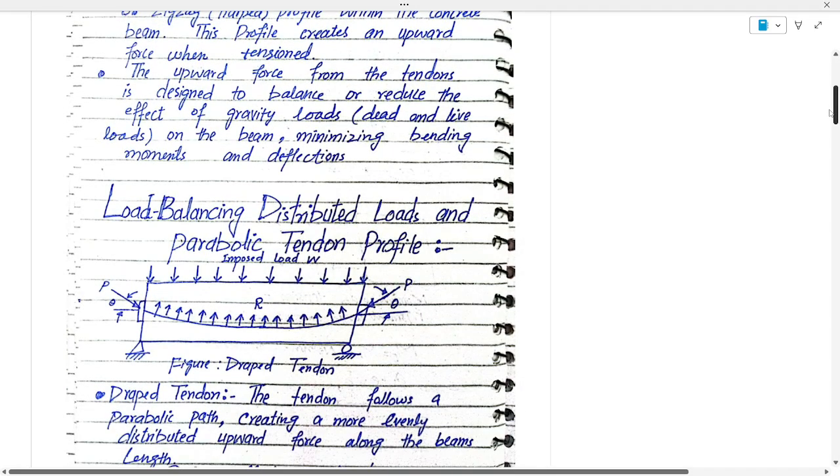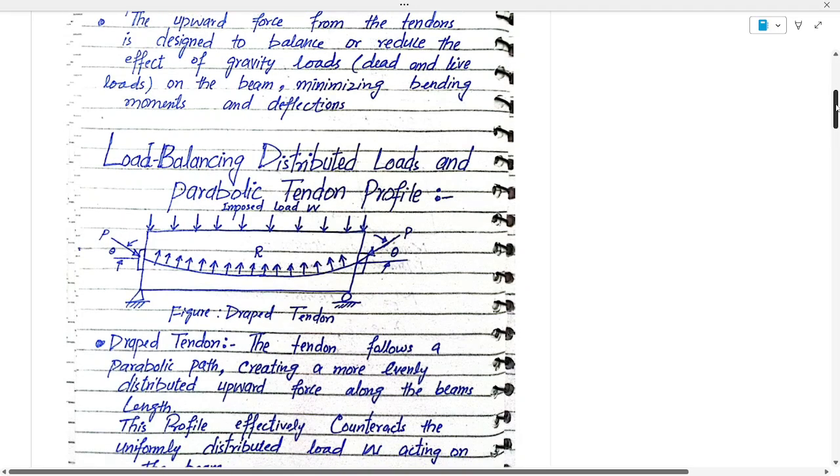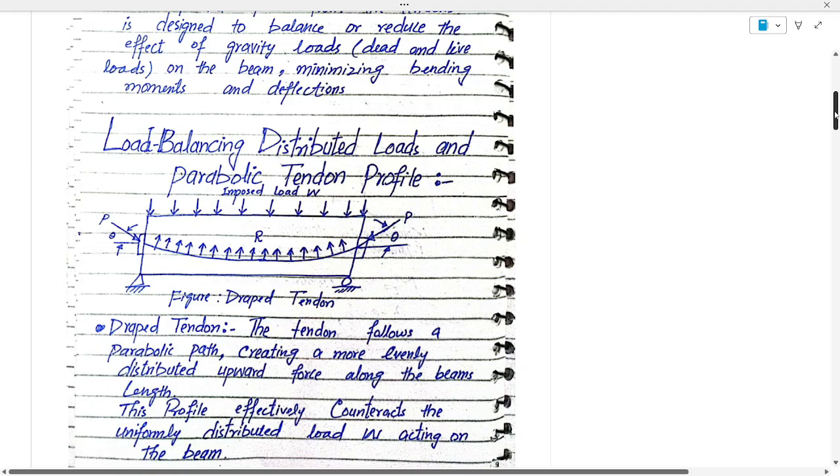Here, in load balancing, distributed loads and parabolic tendon profile, you can clearly see how a tendon is profiled so that its distributed load is balancing the external gravity load. You can see clearly that this parabolic profile is resisting, or balancing, the imposed dead load or live load. So we drape our tendon.